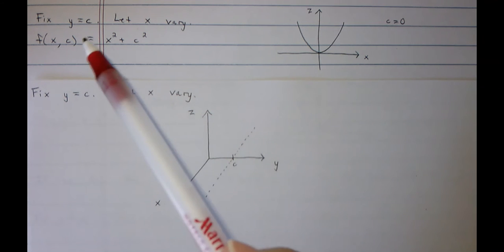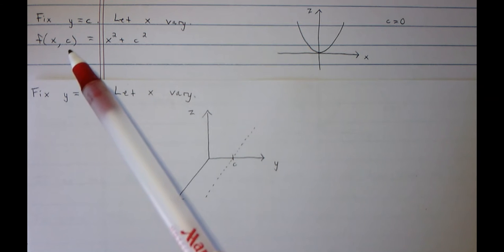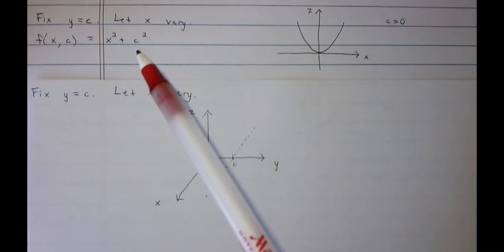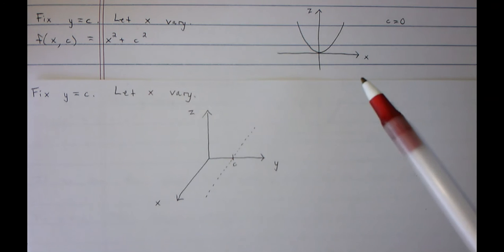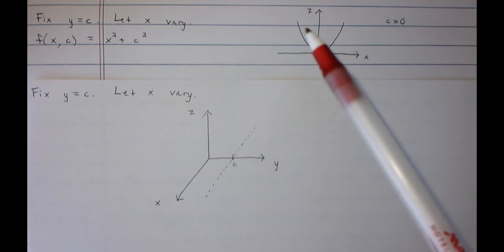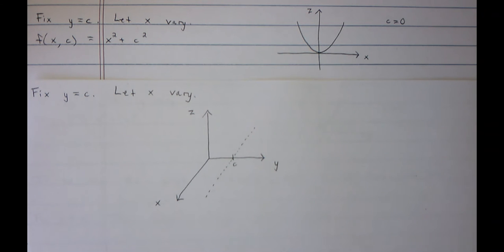And what we could do is replace y with this constant c so that f of x, y looks like this: x squared plus c squared. And if we choose a value for c, say c equal to 0, this reduces to x squared, and notice I've sketched the graph of x squared in the xz plane.